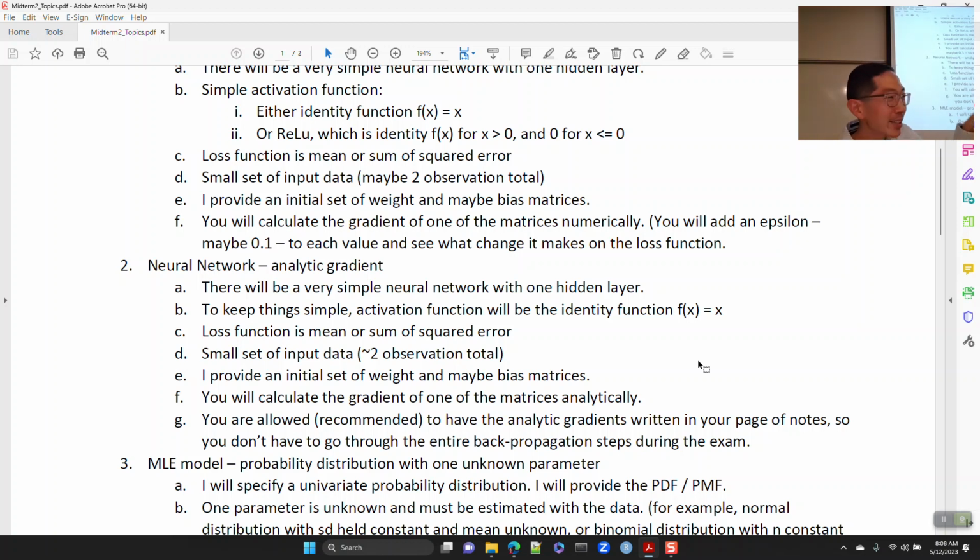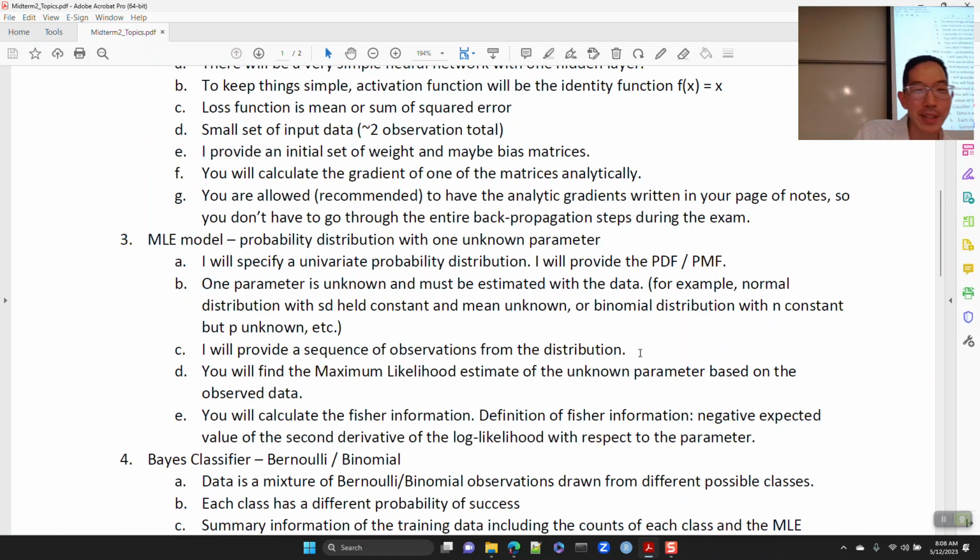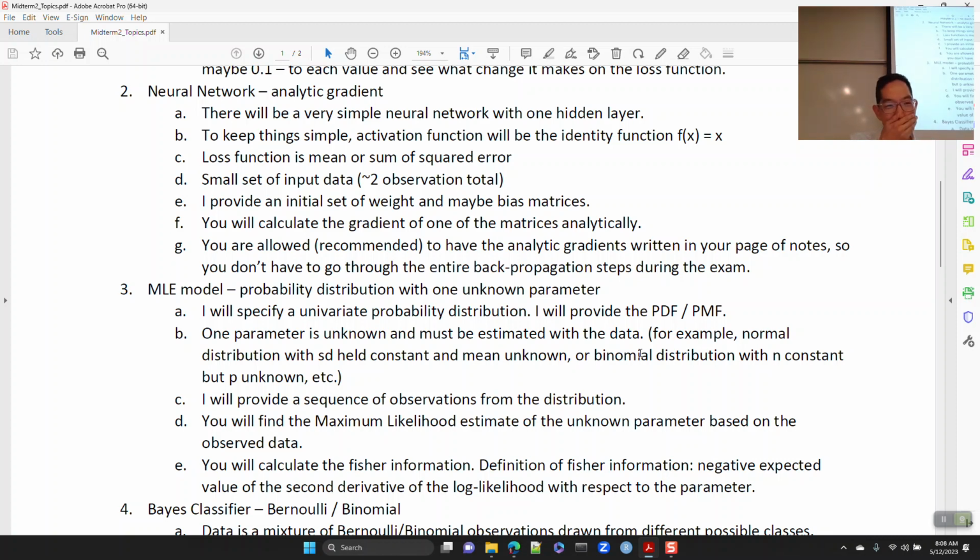You'll want to put that in your notes, just because you don't want to have to do your back propagation calculation steps during the exam. That would be a nightmare. But so, did you put this down on your things? Okay, so anyway, that's one possible thing. Okay.